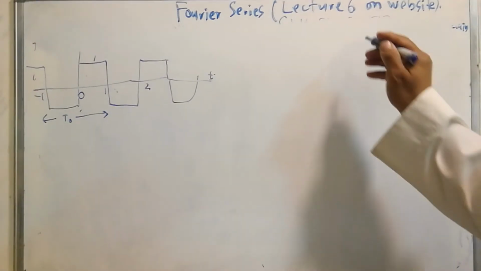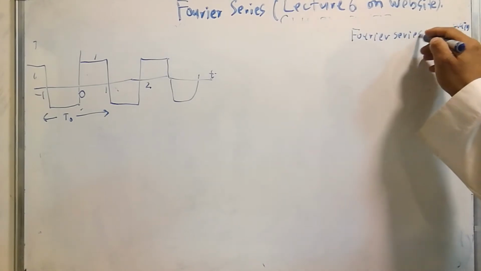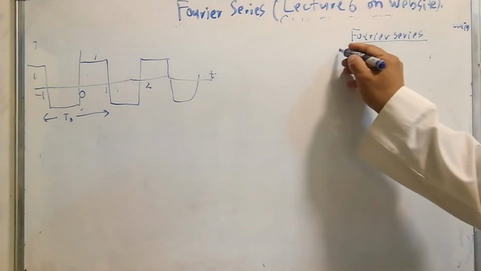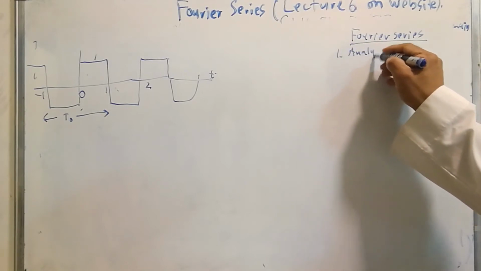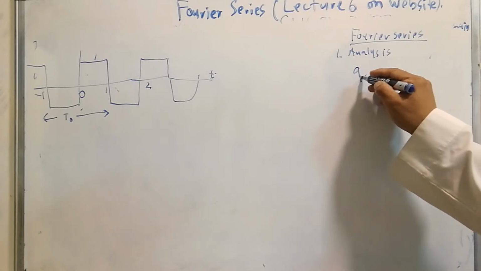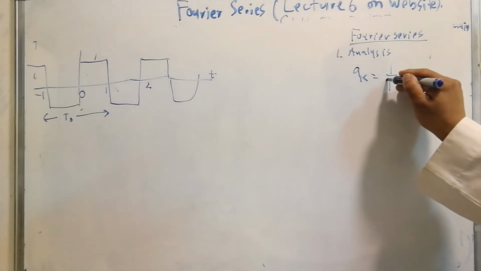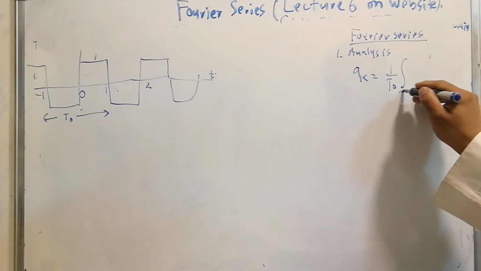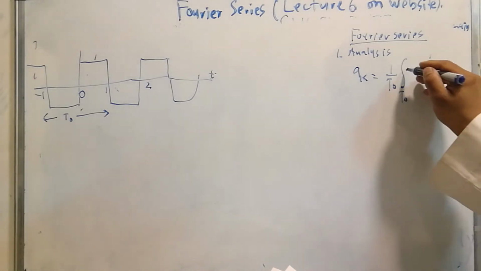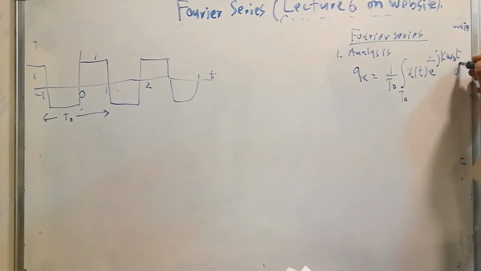Now the Fourier series has 2 steps to find. The first part is called the analysis, in which we find the AK, which is the amplitudes of the sine and cosine signals. So AK is defined as 1 over T naught, and I integrate over 1 period, x of t e raised to the power minus j k omega naught t dt.